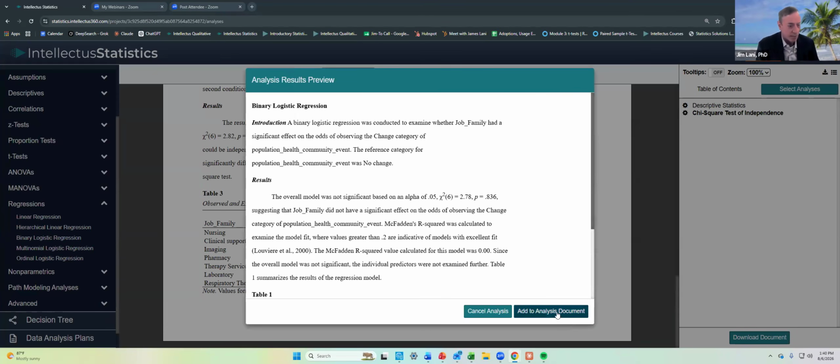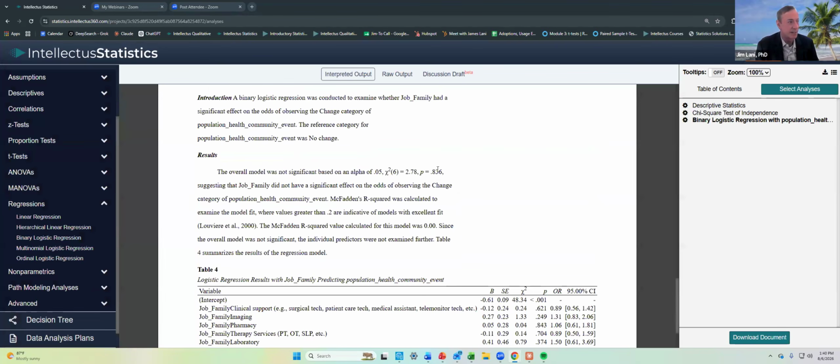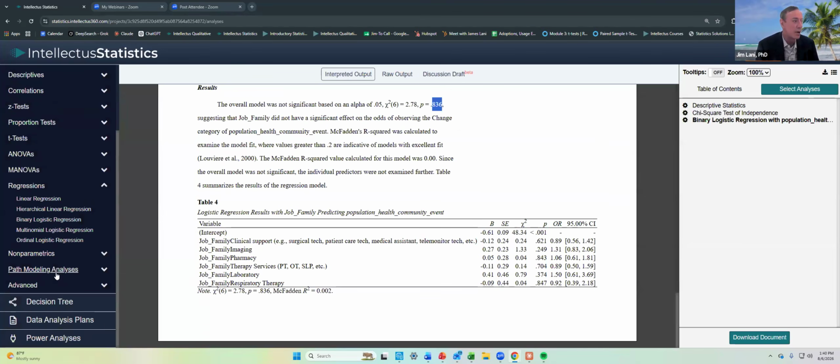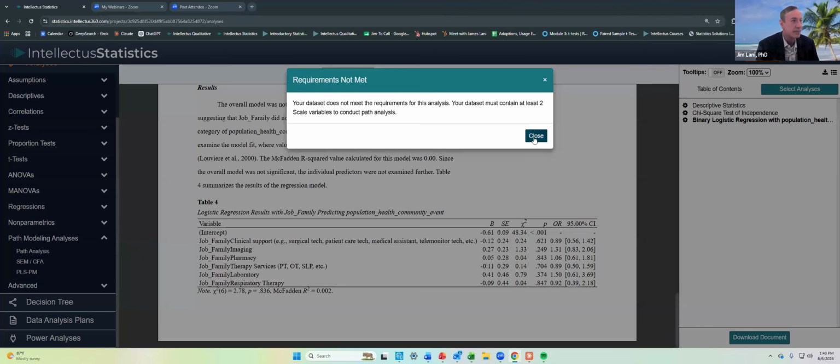I think really what you want to be running, since this model is not significant, is probably a path model, with two scale variables.